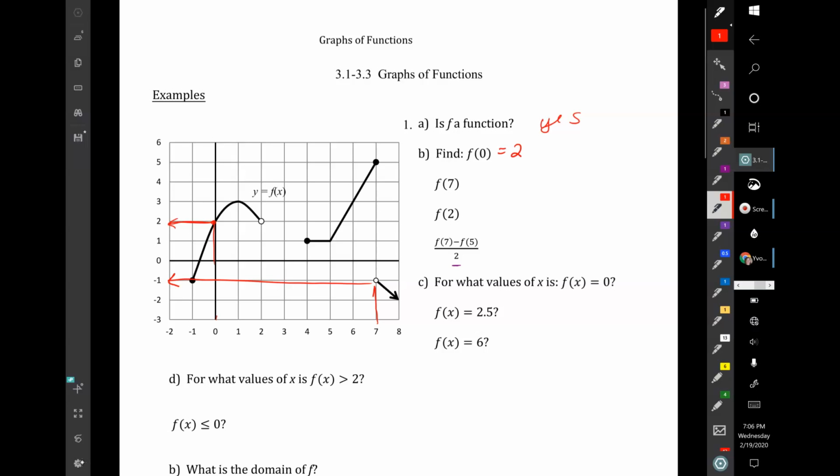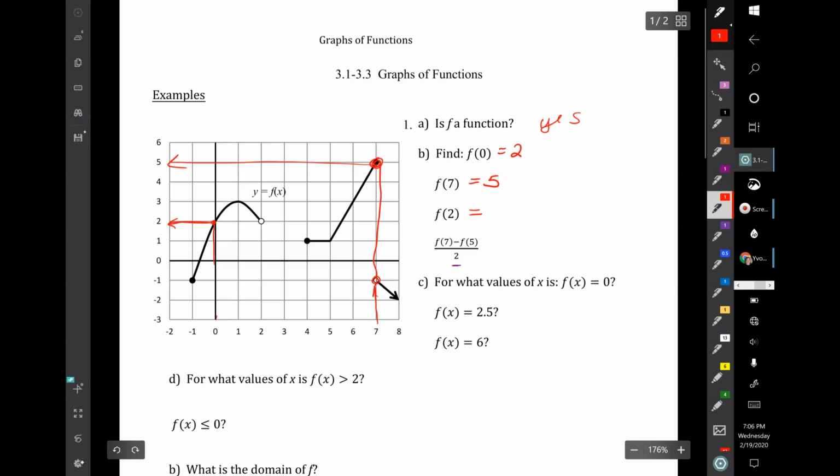That one is an open circle, so that won't work. We won't have anything there. It doesn't really lead us to 1. So we have to go through that one and up here to the solid dot, and then over to the left, and we get 5. So be careful of that.